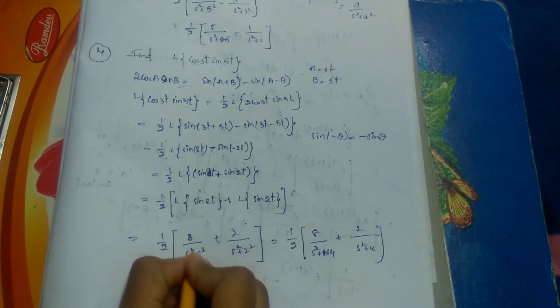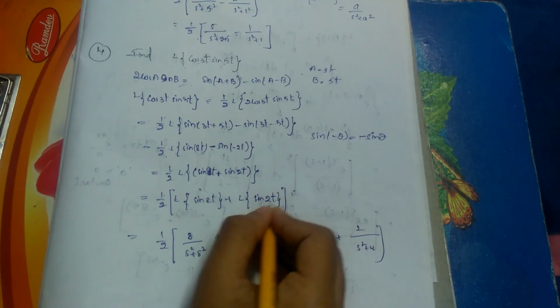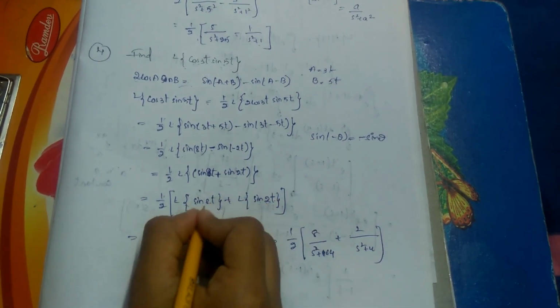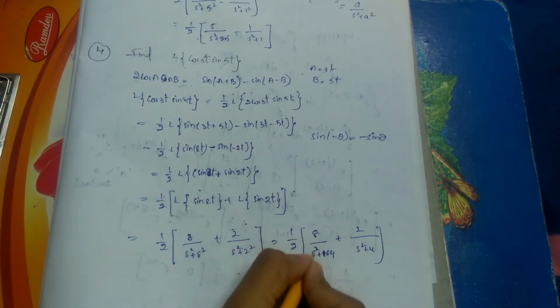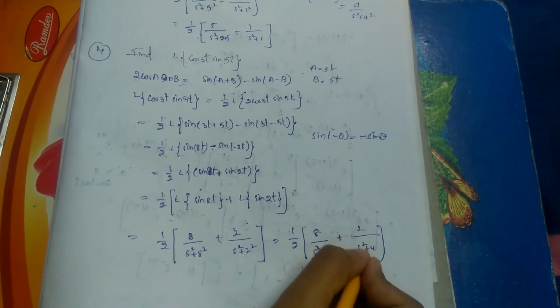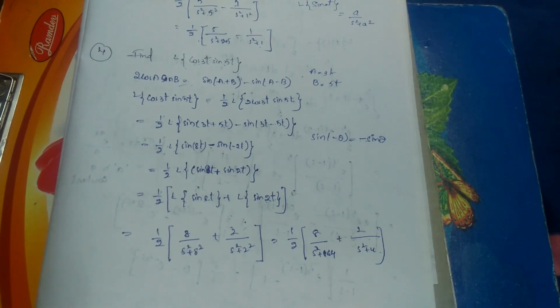So 8 by s square plus 8 square, and here also the same formula, we get 2 by s square plus 2 square. Here a is 2 and here a is 8. That equals 1 by 2 of 8 by s square plus 64 plus 2 by s square plus 4. So this is the final answer for the given question.